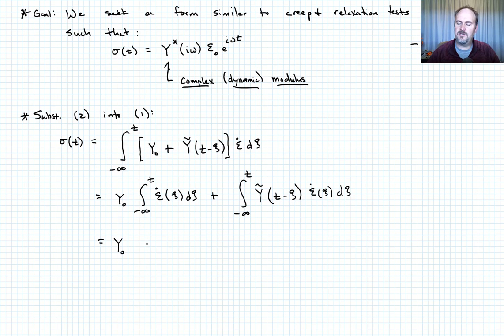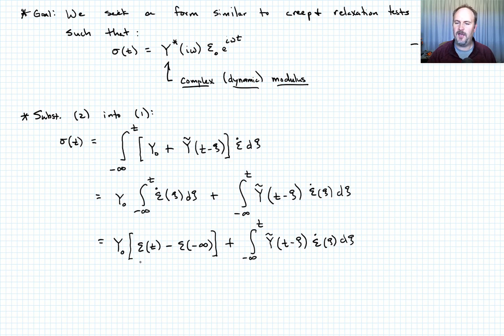This first term, Y naught, if we solve it, is just epsilon of t minus epsilon evaluated at negative infinity, right? Then plus this integral term, negative infinity to t, Y tilde of t minus xi, epsilon dot of xi d xi. Okay? What is epsilon at negative infinity? Well, everything in our viscoelastic modeling begins at time t equals 0, so this quantity is 0.